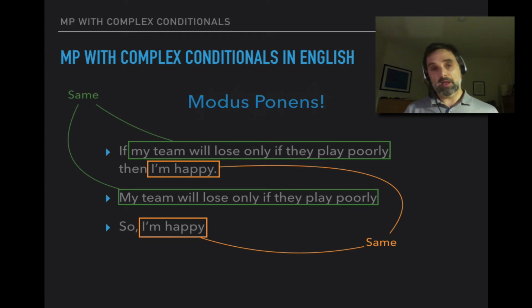It's true that the antecedent of our first premise, which is the big conditional, has a complex antecedent. It's a conditional itself. And so our second premise is also a conditional, but that's fine. The point is that they're the same thing. We have a conditional as one premise and its antecedent as another premise. That's what we need, as long as they're the same.